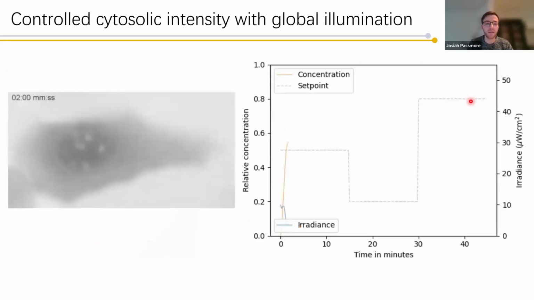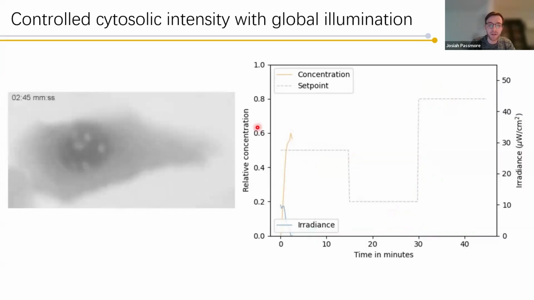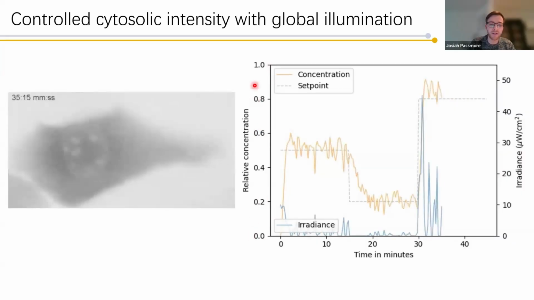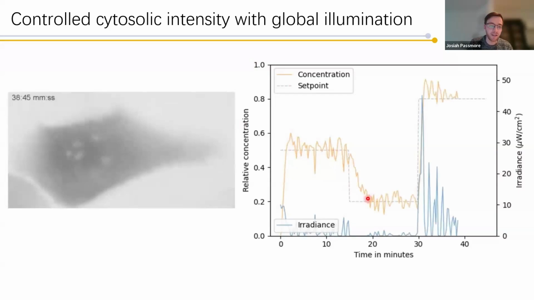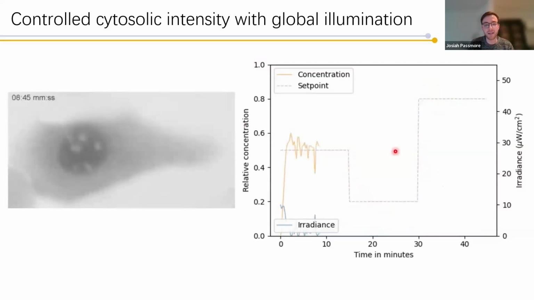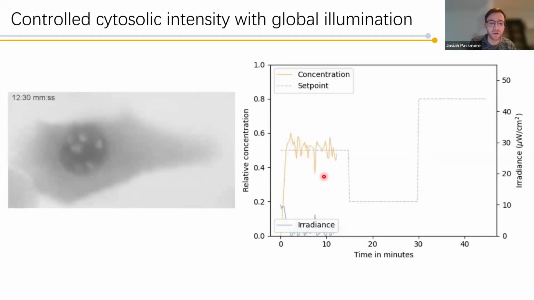So how this practically looks is that if we set up an experiment where we try and guide the cytosol intensity to these specific set points, which we typically represent as a relative concentration from the minimum to the maximum that the cytosol can achieve, then we're able to modulate it to half-fold enriched, 20% and 80%, etc. And in blue, you can see the irradiance as decided by the gain scheduled PID controller.